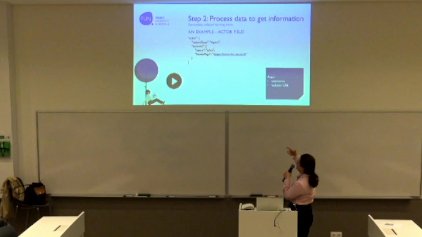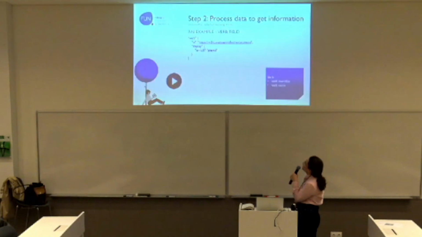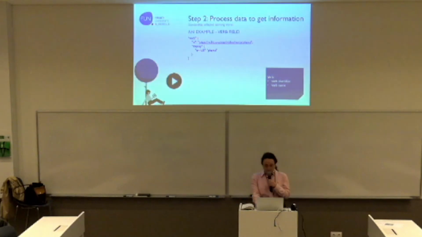The verb, which is play, so play a video, is also identified with an IRI, and in the description we also need to know to which verb this IRI corresponds. So we directly give the verb name associated to this identifier.